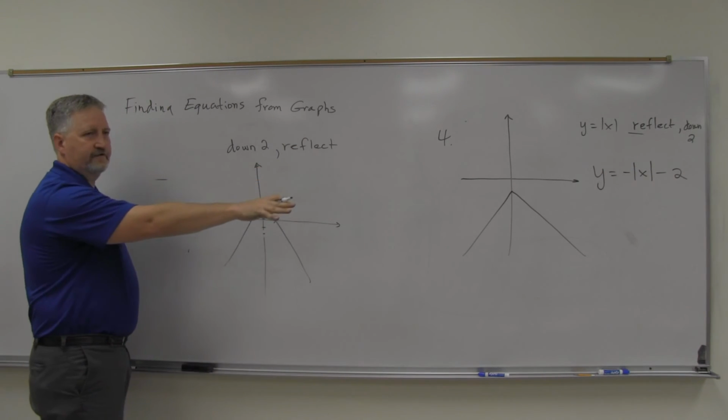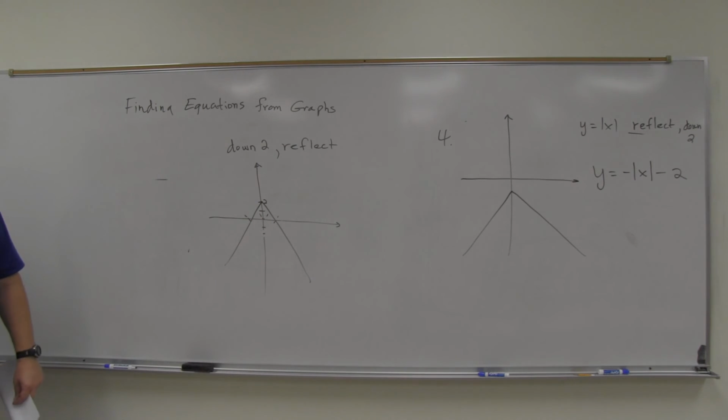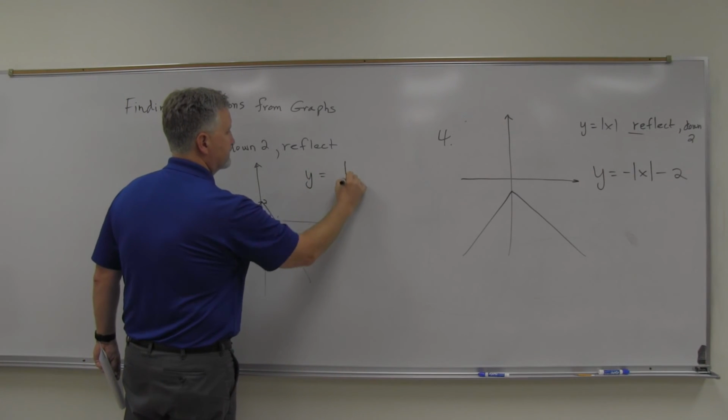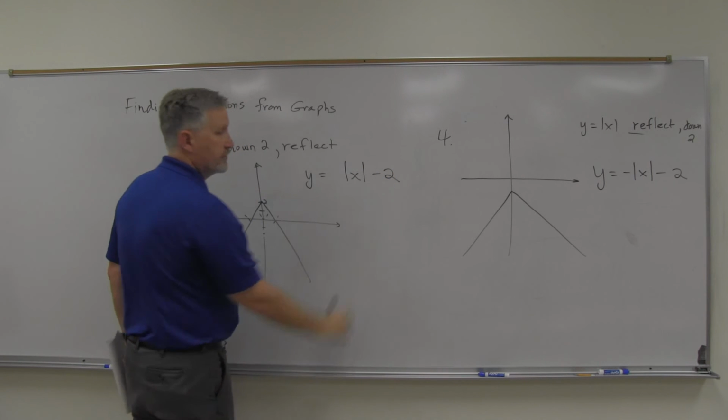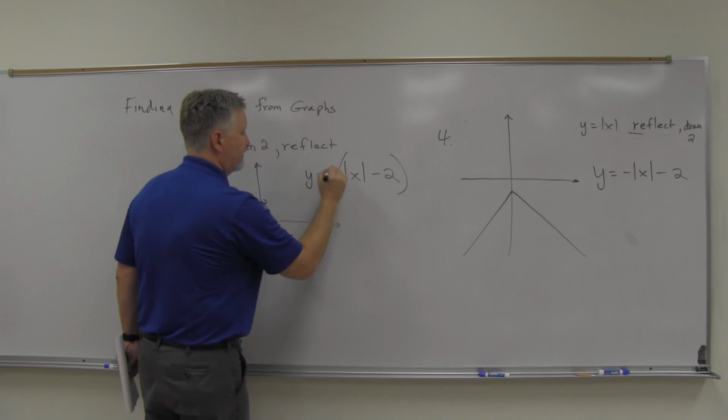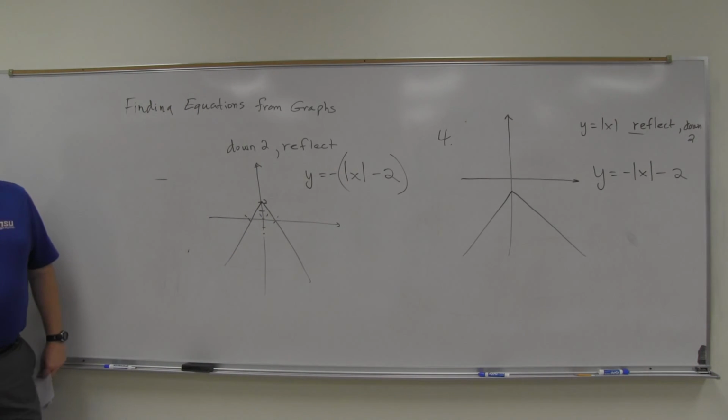So you see you get a different graph, so the order does make a difference there. So just be aware. And it makes a difference on the equation too, because if I do down 2 first and then I reflect it, I'm reflecting the whole thing, so it actually becomes that. So that's not what we got here.